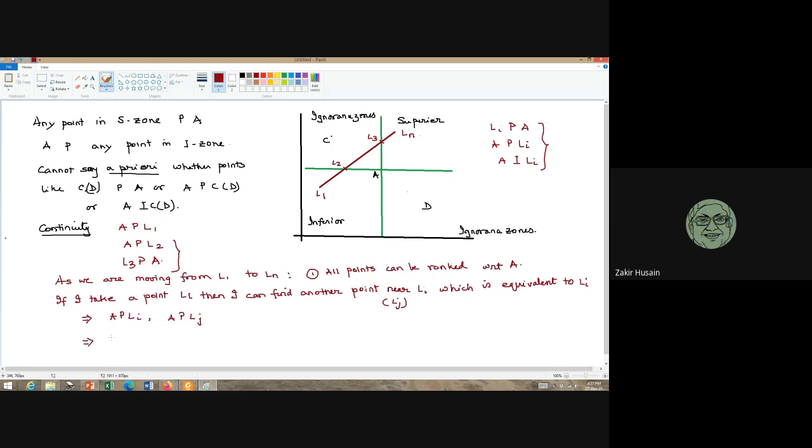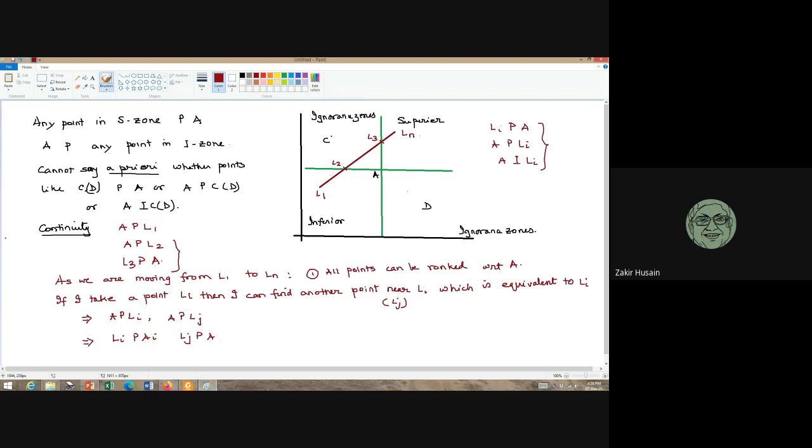Or if the opposite holds, that is Li is preferred to A, then I can find another point Lj such that Lj is preferred to A.